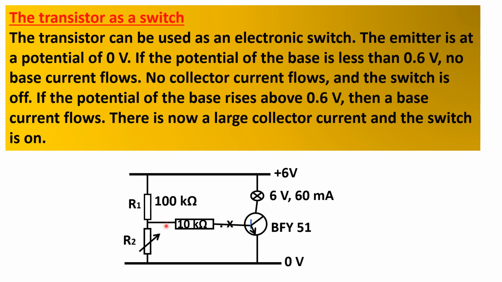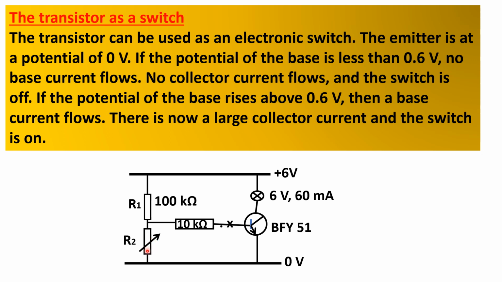So basically, as you can see in the diagram, we have a resistor R1 amounting to 100 kilo ohms. And then there's a variable resistor R2. That symbol represents a variable resistor, meaning you can vary the amount of resistance in this resistor.